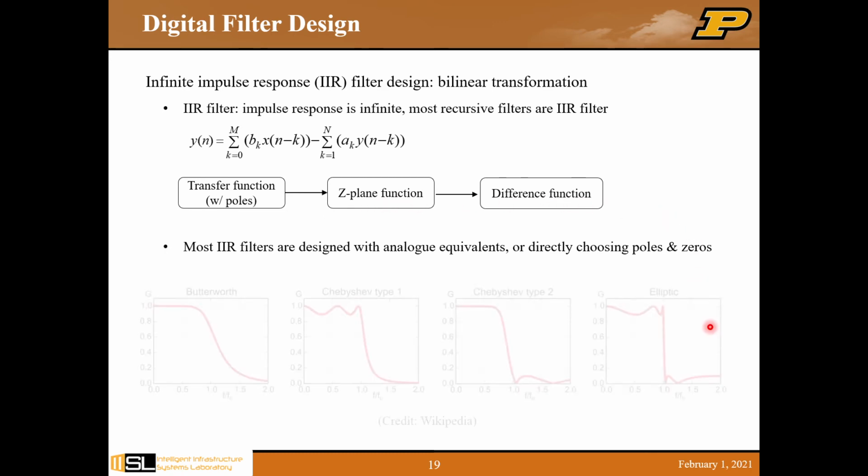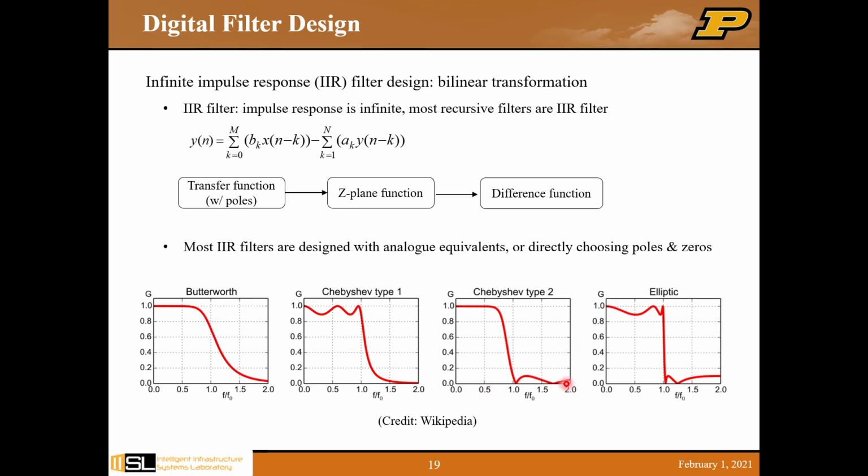The figure here shows several common types of analog filters, including the Butterworth filter. It doesn't have ripple in the passband and stopband. Chebyshev filter type 1 and type 2 have ripple in either the passband or stopband.